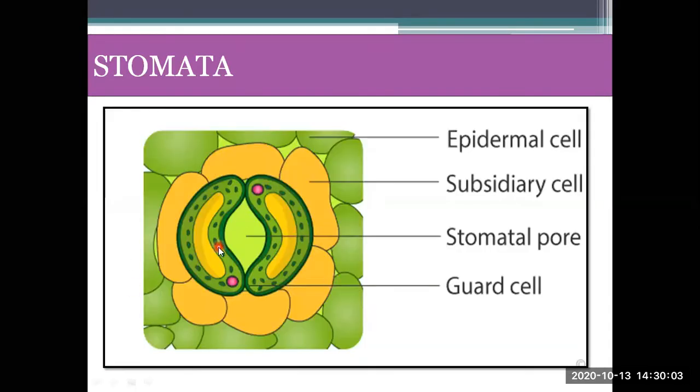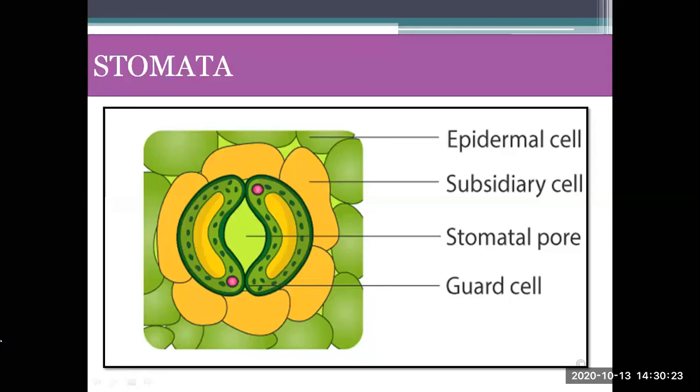First draw the diagram of the stomata, and this stomatal pore, you can label it as a stoma. In the image it is given as a stomatal pore, but for better understanding you can label it as a stoma. That is the opening, it is called the stoma.